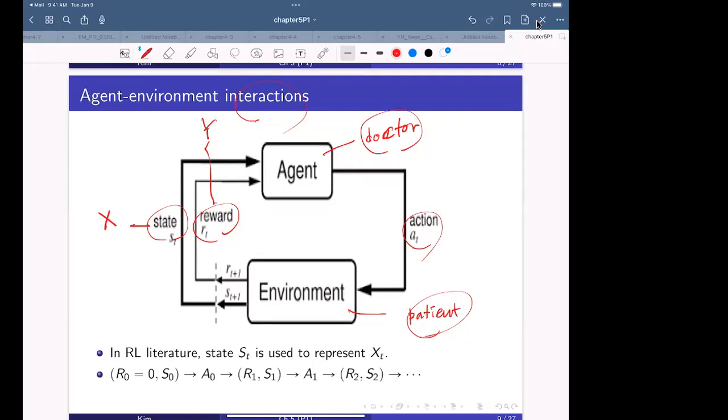But the state of the patient can go very bad, which means the patient may feel very sick as the design goes. But you said you don't care about the state at all. Is that true in real life?